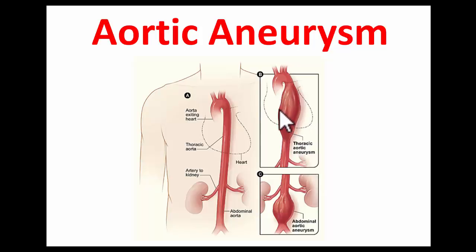When the size of the aortic aneurysm goes beyond 4 to 4.5 centimeters, then it becomes critical, because we are likely to see some complications if not recognized and treated appropriately.